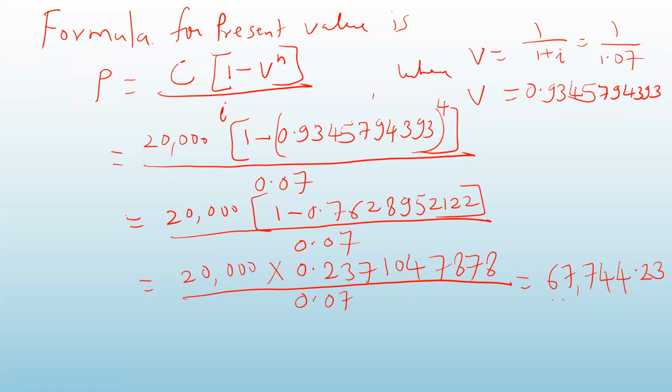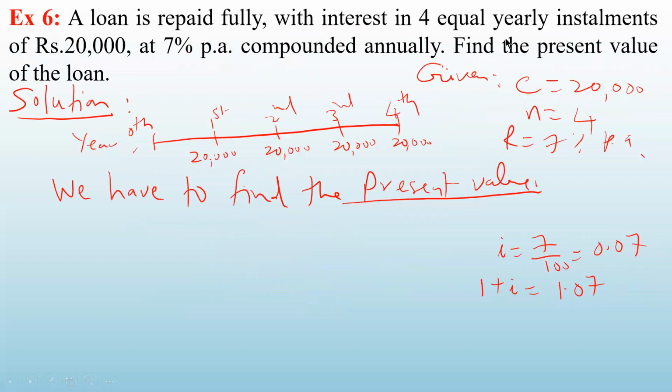So that means how much loan he has taken? He has taken a loan of 67,744 rupees and 23 paise. This much amount of loan he has taken. What is the present value?